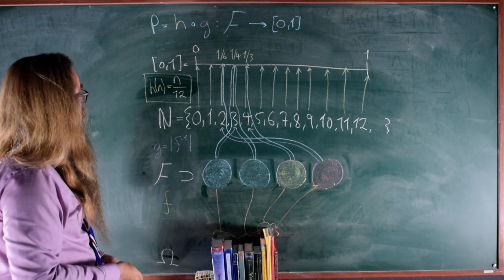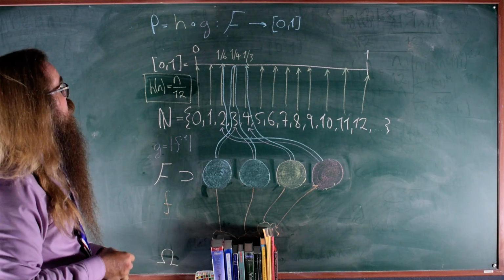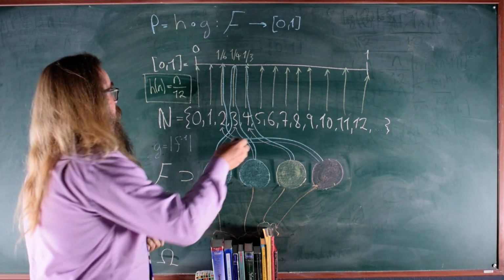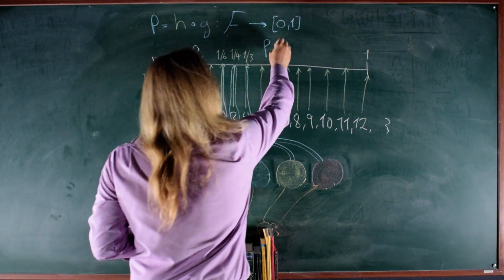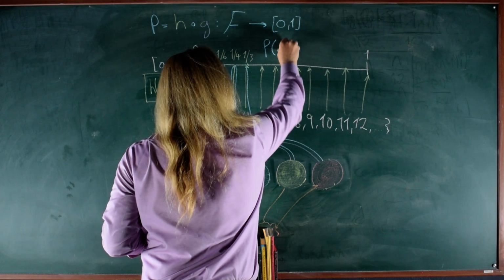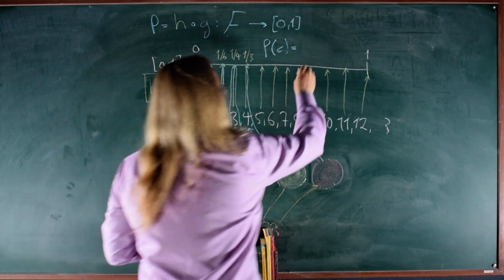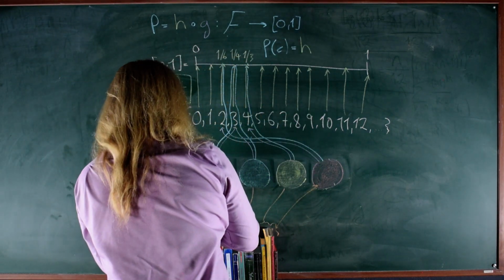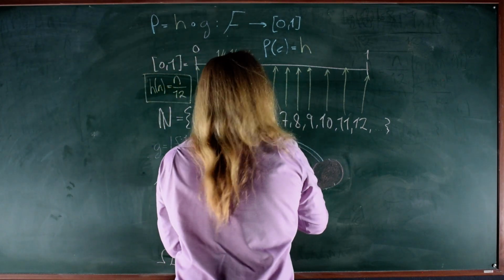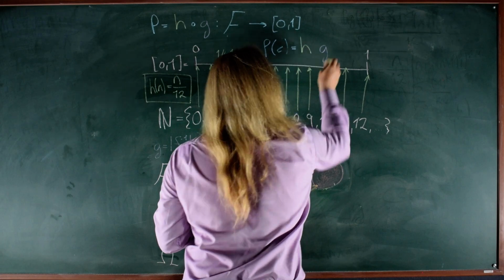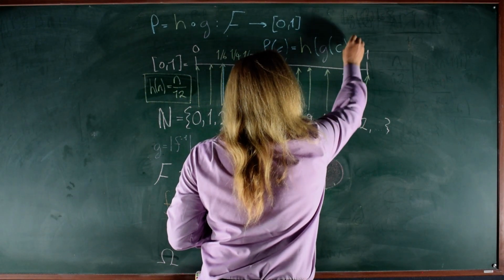Beautiful. So when I have this, I actually have another way to express my probability function. So the probability function actually ends up being, if I take the probability of a color C, then I'm going to take h of g of the color.